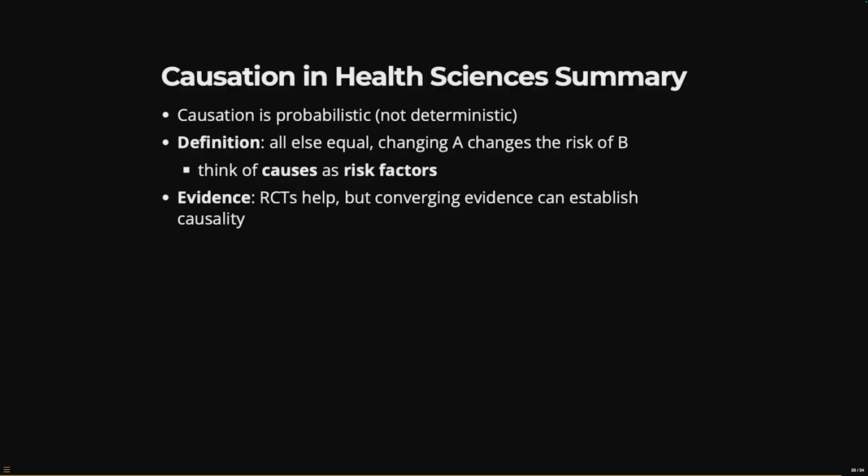So the whole causation thing in health sciences, I just want to be clear, we don't think of causation as deterministic. It is probabilistic. It's a complex system. The definition simplistically is that if all else is equal, changing A changes the risk of B occurring. And I think it's better to think of those causes as risk factors to avoid that emotionally charged word, cause.